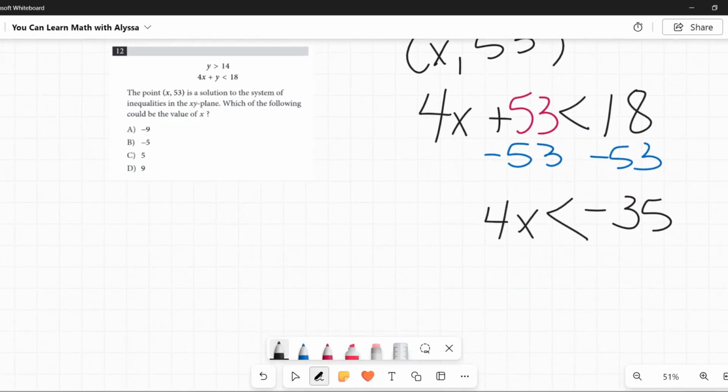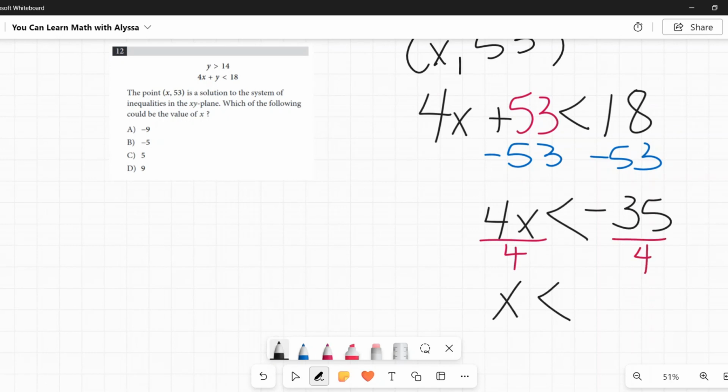To get rid of that 4, this is being multiplied, x times 4, we want to do the opposite. We want to divide by 4. And so I just have an x on the left, and I am dividing by a positive number, so I do not have to flip this sign. Be careful of that. If this were dividing by a negative, you would have to flip that sign. Dividing by a positive, you don't.